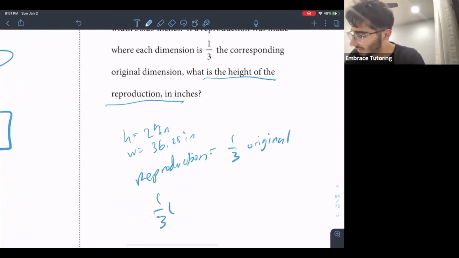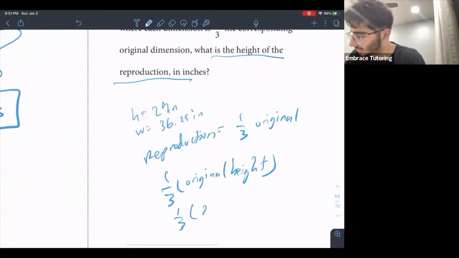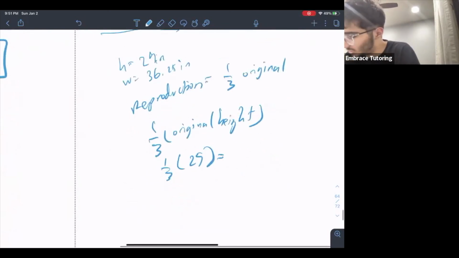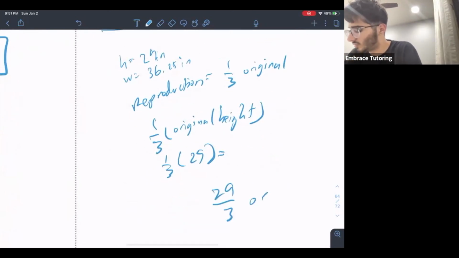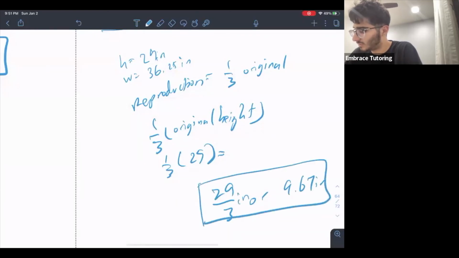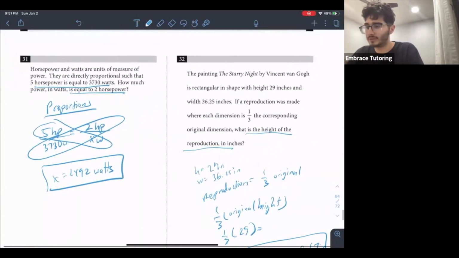So it'd be 1/3 times the original height, meaning it's 1/3 times the 29 inches, which is 29 over 3, which you could write down as 29 over 3 or 9.67 inches. Both options work, and that's how you do question 32.